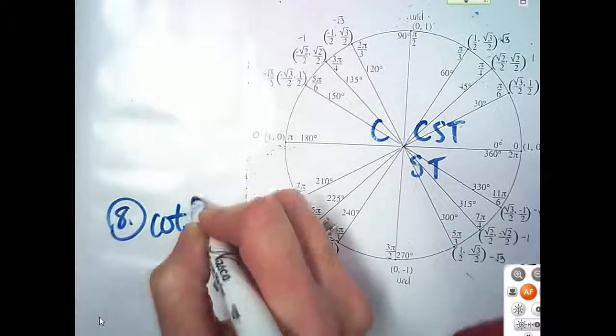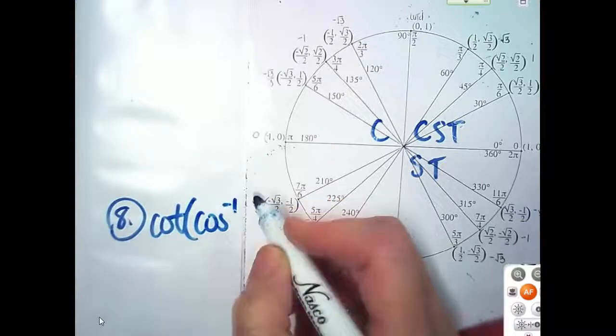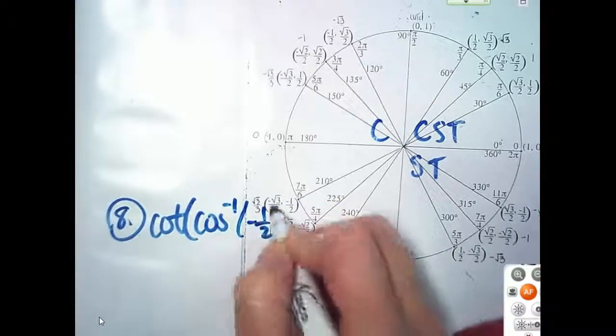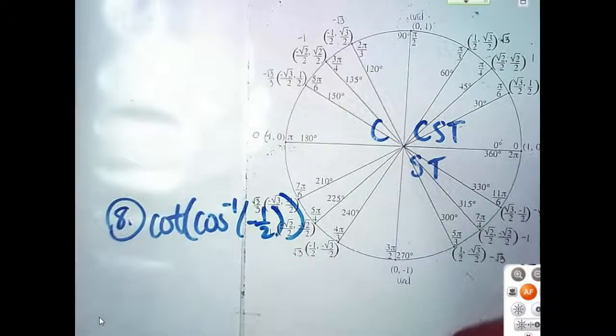Cotangent of the inverse cosine of negative 1/2. You want cosine to be negative.